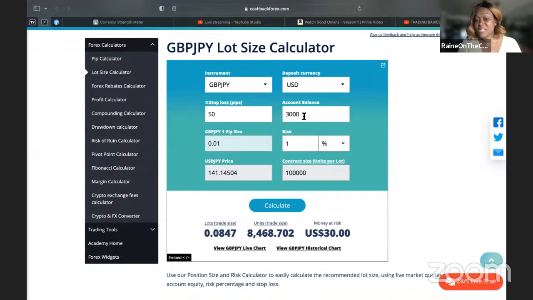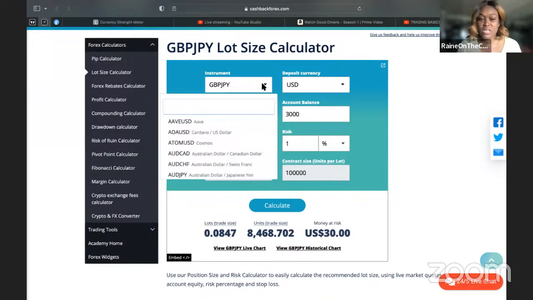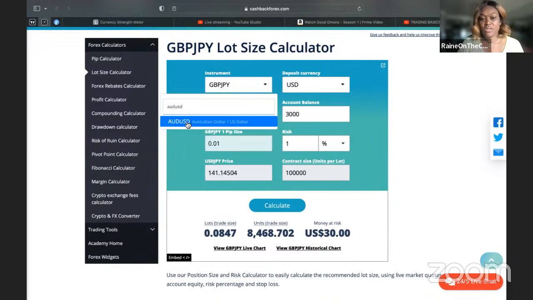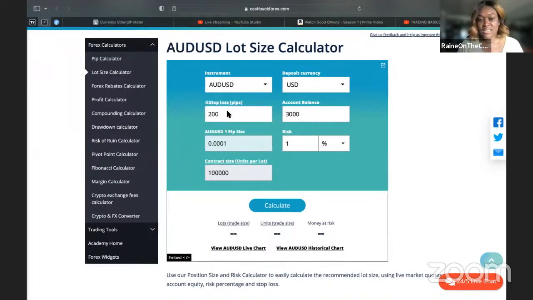If we keep the same info, 50 pip stop loss on a $3,000 account, risking just 1%, with AUD USD being the asset instead, do not assume that it will be the same. Let's take a look. It's 0.06. So it's a different lot size.